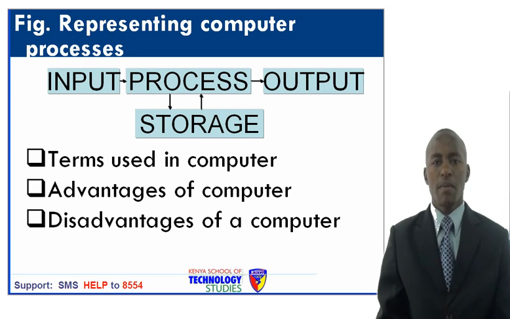Under security, that is through the use of a password, especially when one is saving his or her document in the computer. The other one is multitasking, the ability of the computer to process different programs at the same time without having problems. The other one is communication through the use of the internet, and entertainment, that is playing games or listening to music.